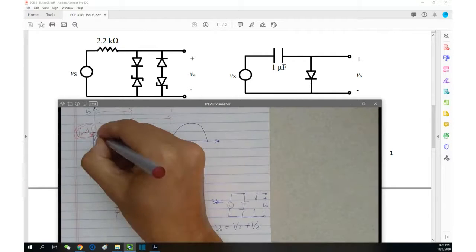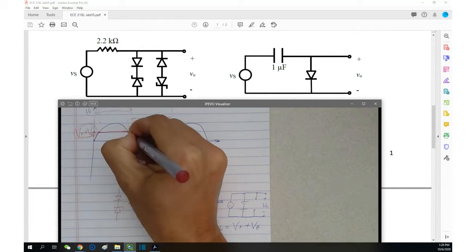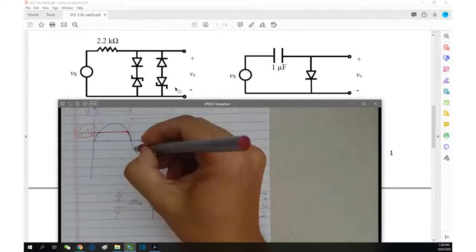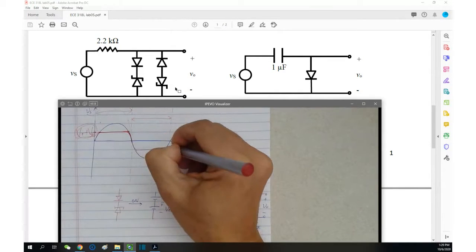That's why you're seeing something like this during the first half cycle. The second half cycle is similar. The second leg functions the same as the first leg during the first half cycle, right? So the result is going to be like this.